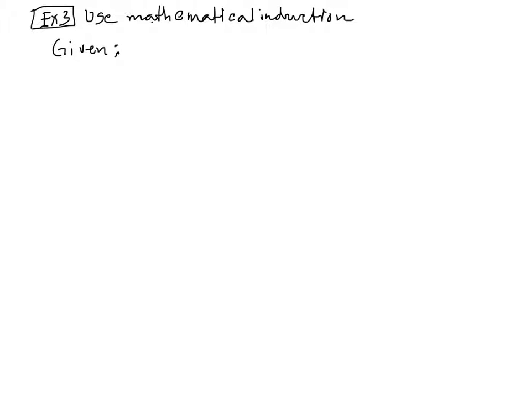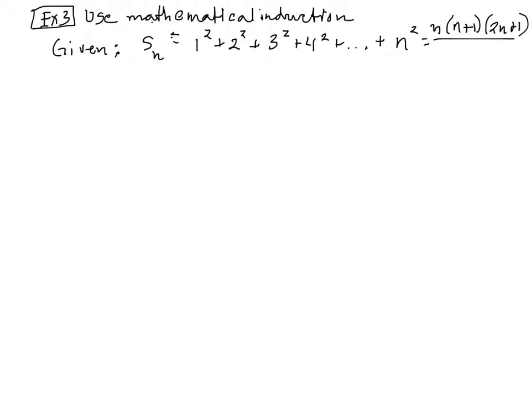So we have S sub n is equal to 1 squared plus 2 squared plus 3 squared, you can see where this is going, plus 4 squared plus dot dot dot plus n squared equals n times n plus 1 times 2n plus 1 all over 6.